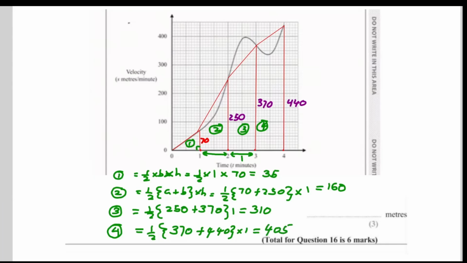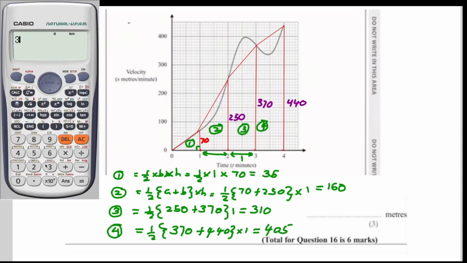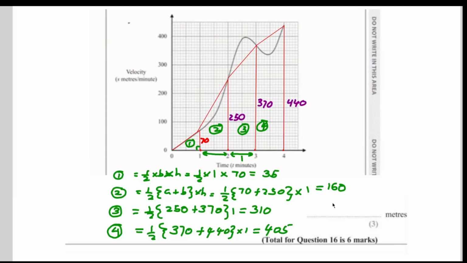Then let's get the total. 35 plus 160 plus 310 plus 405 equals 910. So that is the total. This is the total distance.